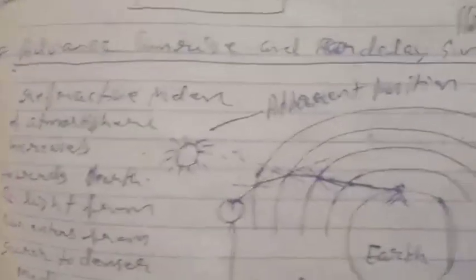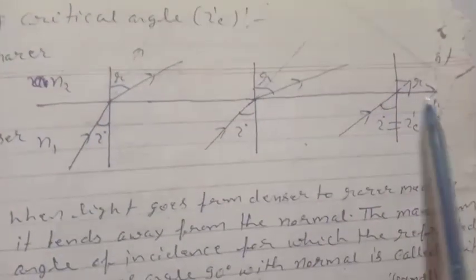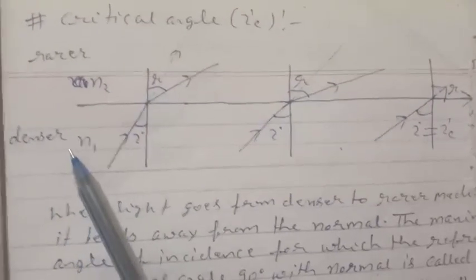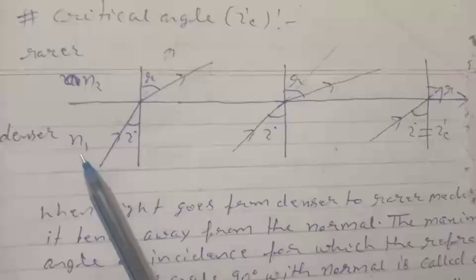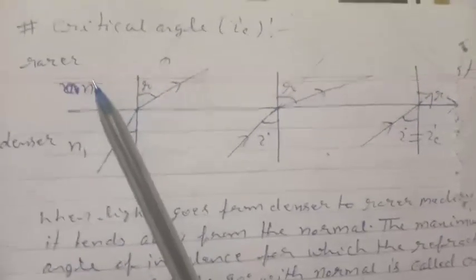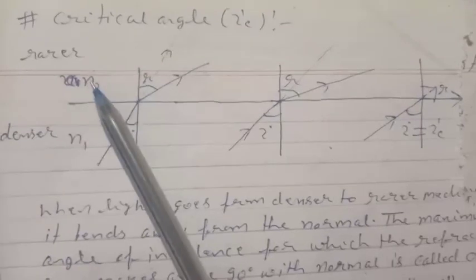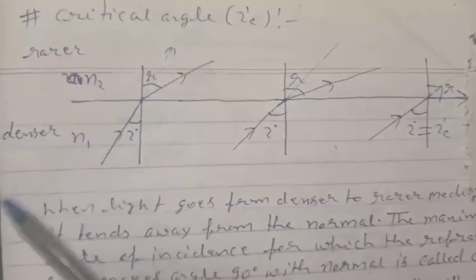Now the next topic is critical angle, and it is written as IC. Here a boundary is drawn between two media, medium 1 and medium 2. Medium 1 is denser, with absolute refractive index N1, and the second medium is rarer, with refractive index N2.